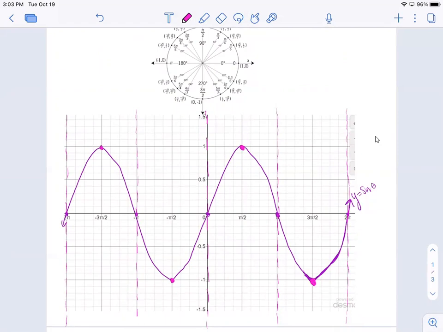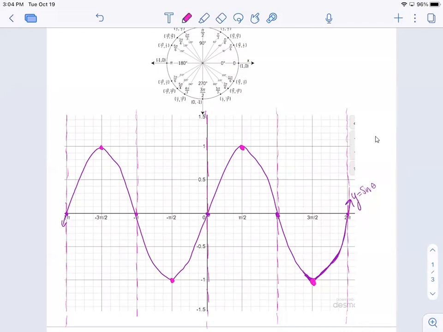Think about what happens if you flip this output. I don't know exactly what it is, but it's a pretty tiny number. If you flip a tiny number, a tiny number over 1 becomes 1 over a tiny number, and it becomes really, really large.